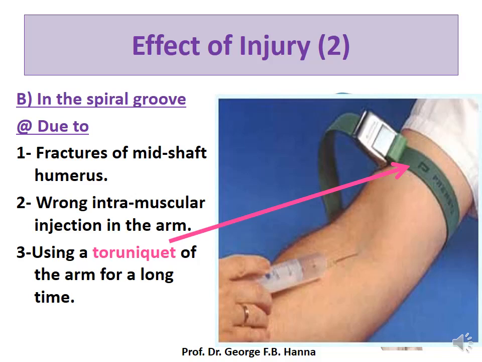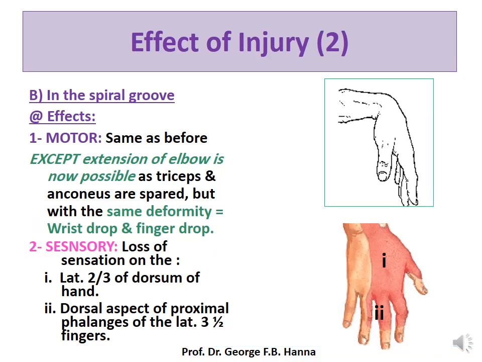If you compress the arm for a long time, then you are compressing the radial nerve as well. Anyway, the effects of injury of the radial nerve in the spiral groove, let us see the motor and sensory. Spiral groove means that you have already given nerve fibers to the triceps and anconeus.